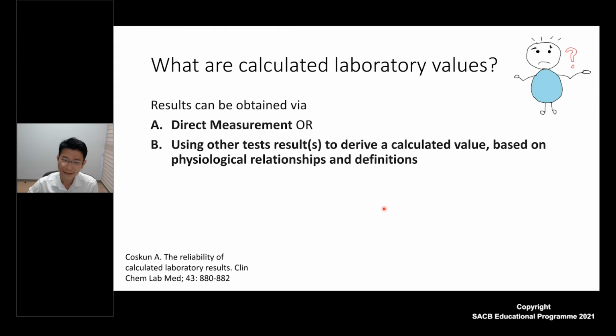So what are calculated laboratory values? Results can either be measured directly, or we don't measure them and instead use other results to derive a calculated value based on some physiological relationship and some definitions.